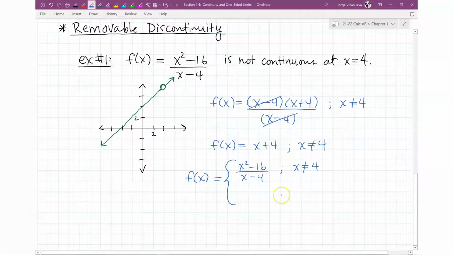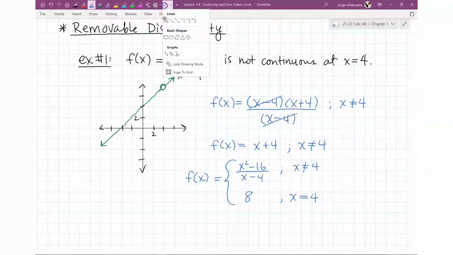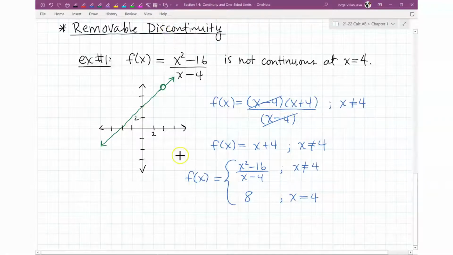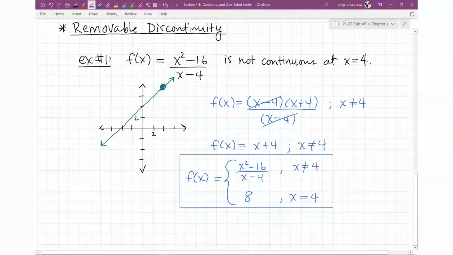But if x equals 4, we said it has to be 8. So there you go. All I did right now was plug up the hole, right? I just put a little thing right there. I filled it.